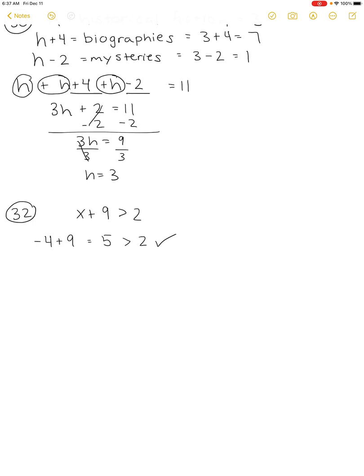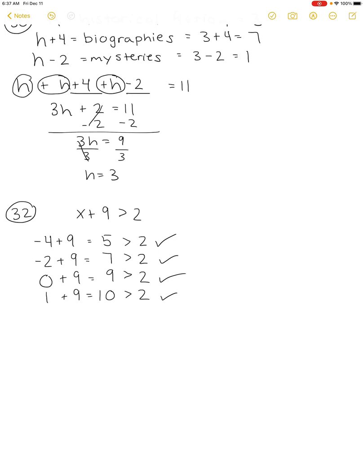The next number they ask about is negative 2. So plug it in. Negative 2 plus 9 is 7, which is also greater than 2. The next number they give is 0 plus 9 is 9, which is greater than 2. And then 1 plus 9, 10 is greater than 2.